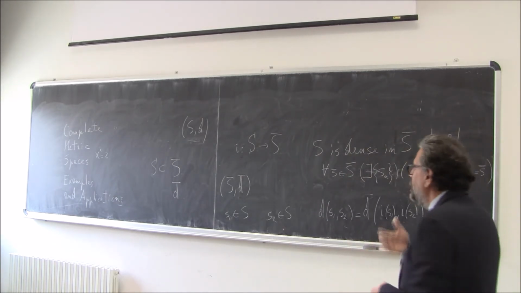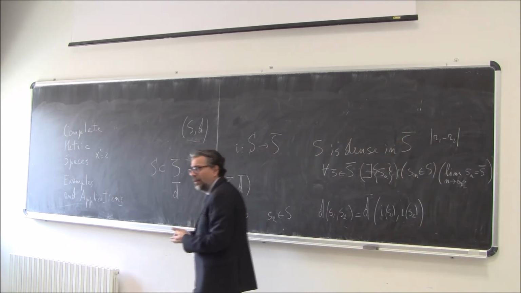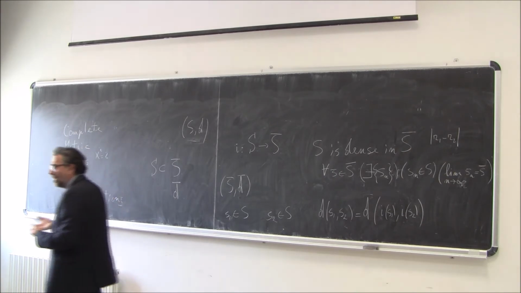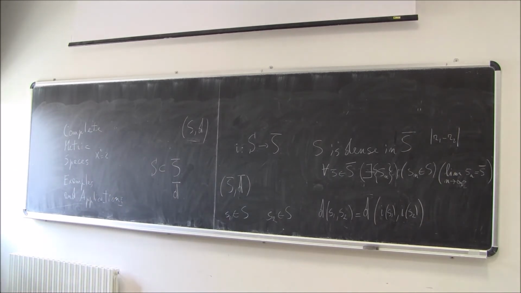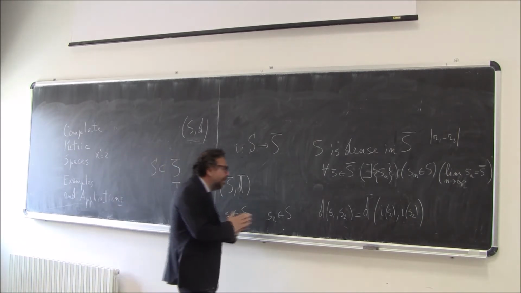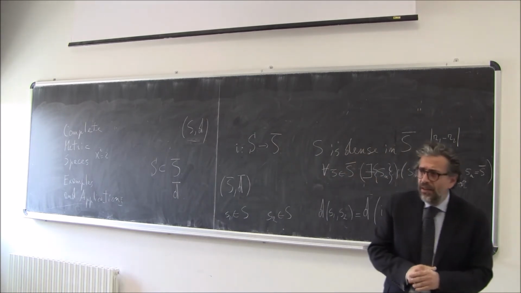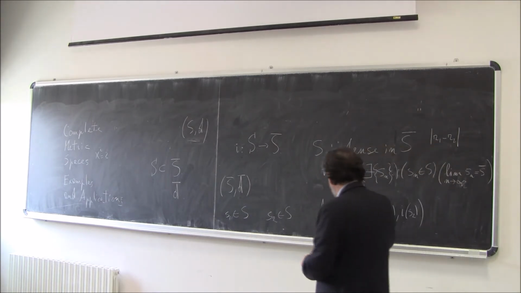So, what we have in mind? We have in mind a process which generalizes the construction of real numbers starting from rational numbers. This is what we have in mind. Okay, so I think that up to now, what I'm telling you should be more or less familiar and clear for everybody.